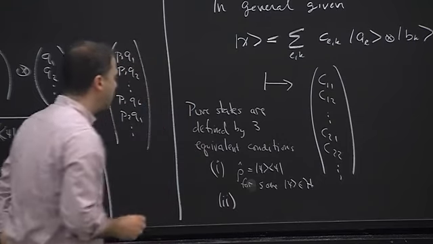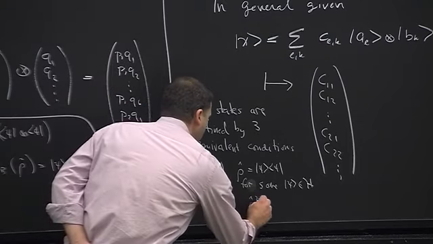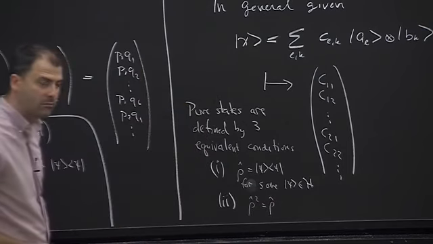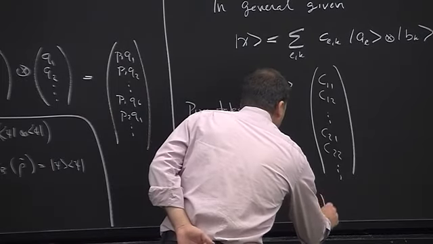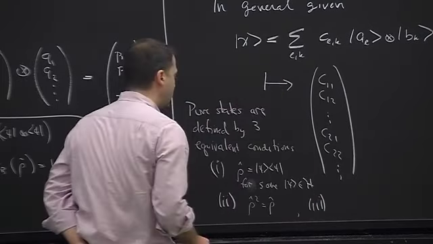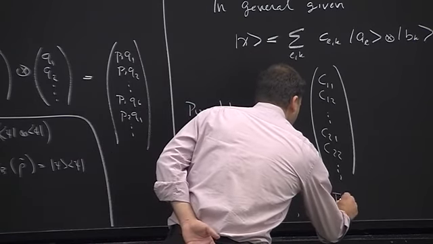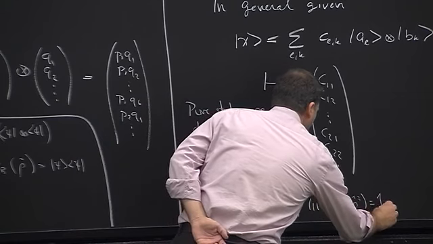A state rho is pure if you take the square of it and it's equal to itself. And thirdly, a state is pure if and only if the trace of rho squared is equal to 1.